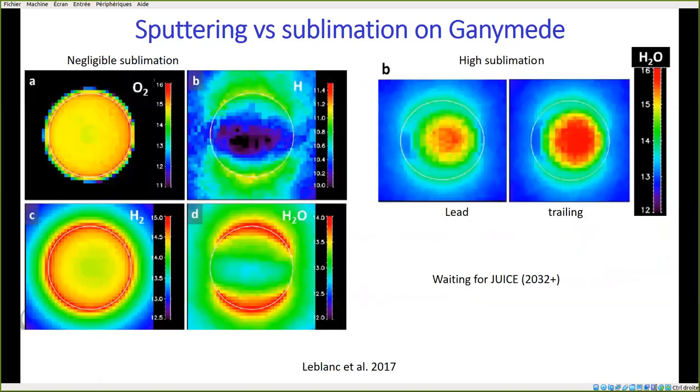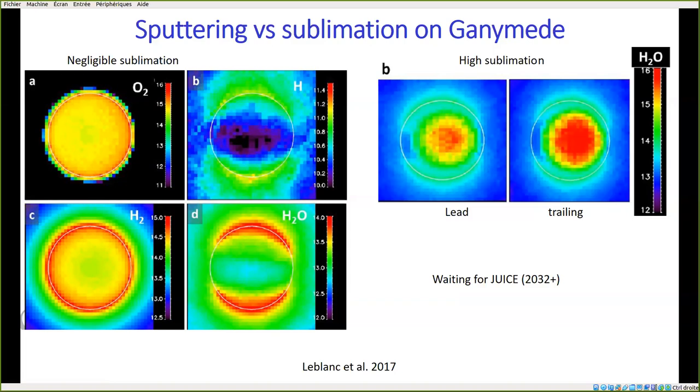So we have models for the atmosphere of Ganymede. For example, here on the left I'm showing model predictions for Ganymede's exosphere in the case where only sputtering is considered, so where we have a negligible sublimation component. In this case, water is confined to a sputtering component at high latitudes, as I said, because the plasma impacts the surface mostly there.